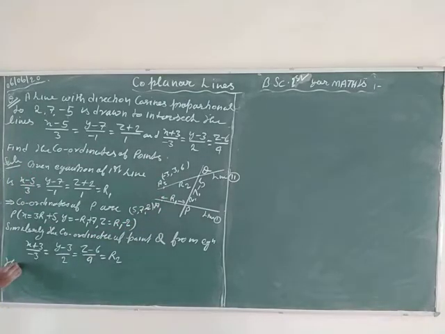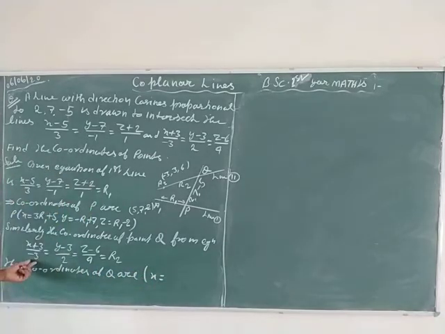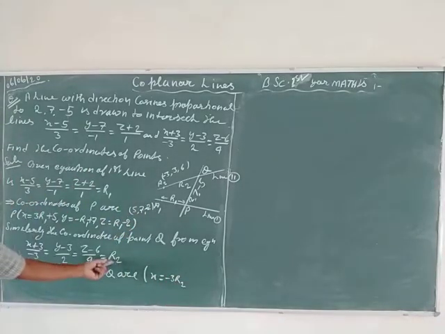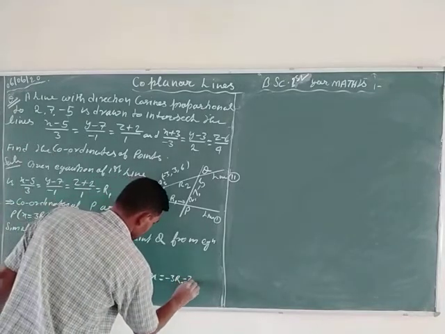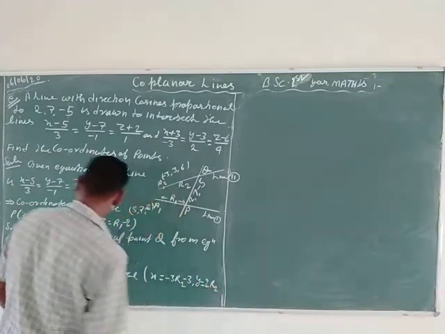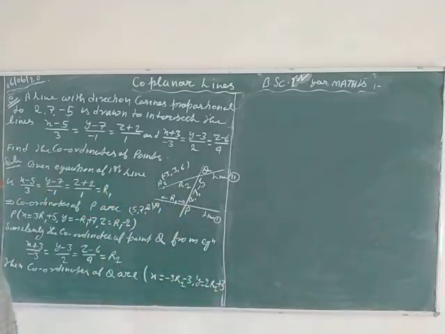So the coordinates of the intersecting point capital Q are x = minus 3R2 minus 3, y = 2R2 + 3, and at last z = 4R2 + 6.